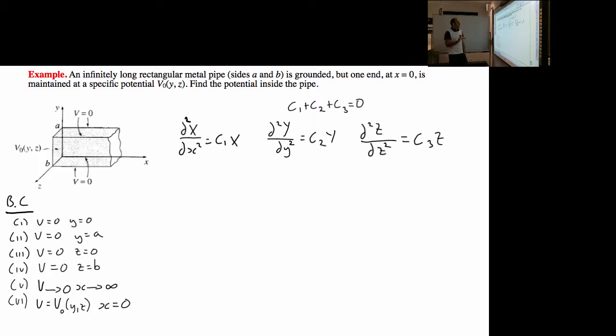Okay, so following on from the previous lesson, our fourth step now is to determine which of the constants is positive and which is negative.